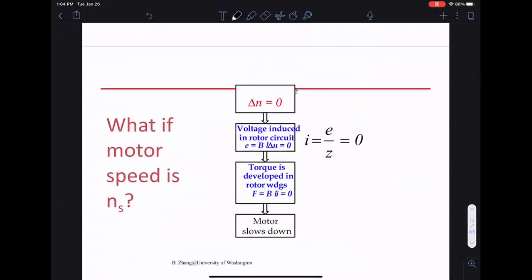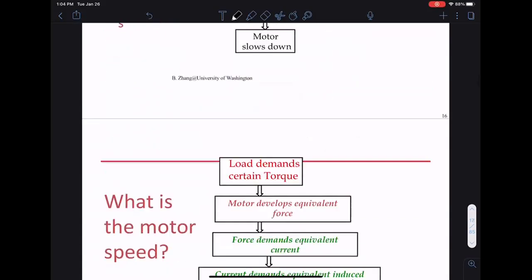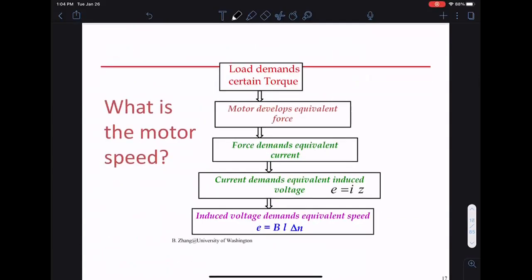This basically says, again, if the relative speed is 0, nothing happens to this machine. So you want to be different than 0. If you're running this as a motor, you want to be different than the synchronous speed.